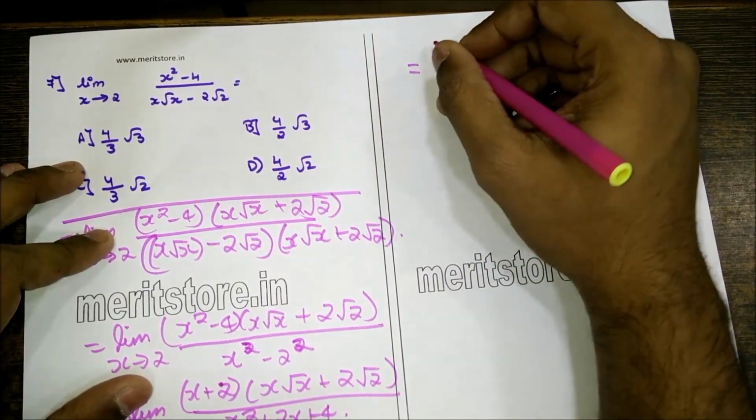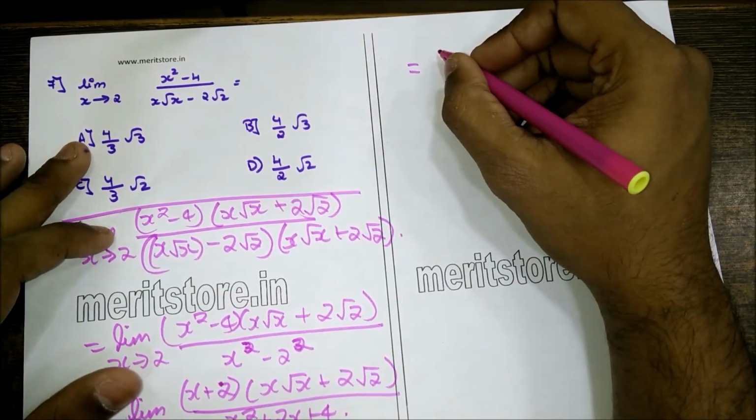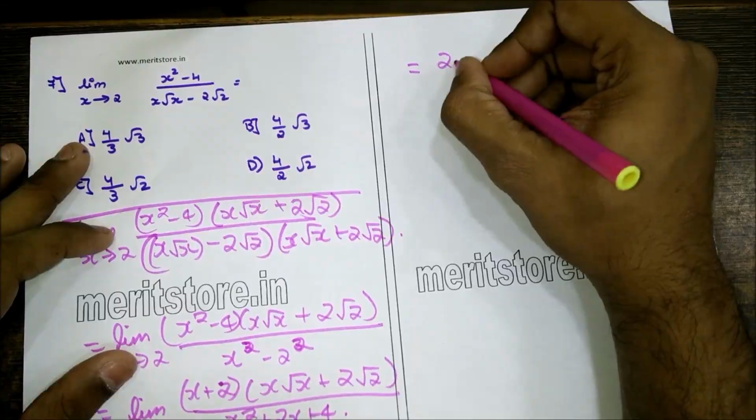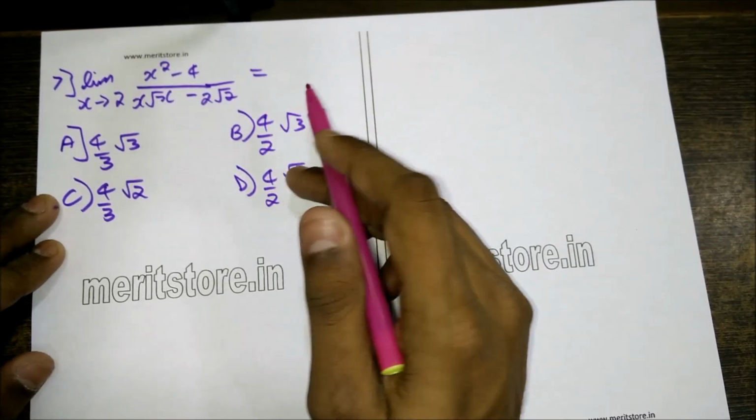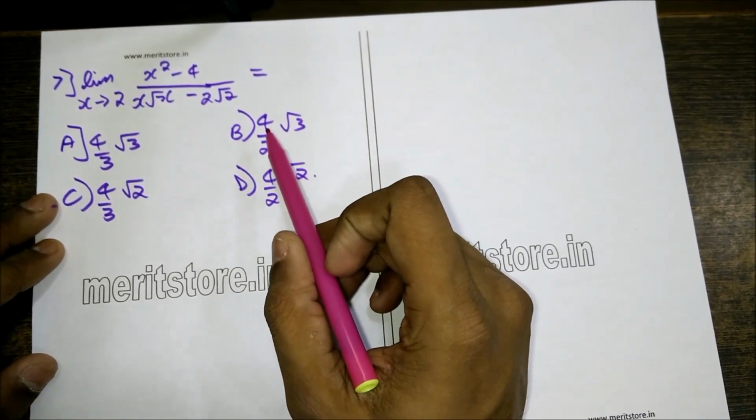That gives us, on applying the limit of x tends to 2, limit of x tends to 2 of (x square minus 4) upon (x root x minus 2 root 2).